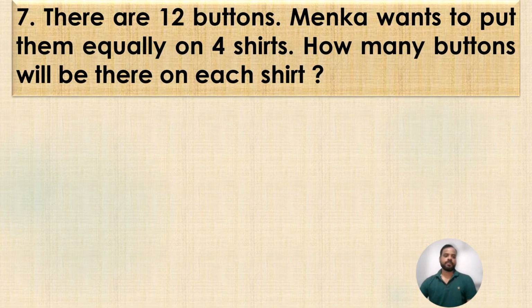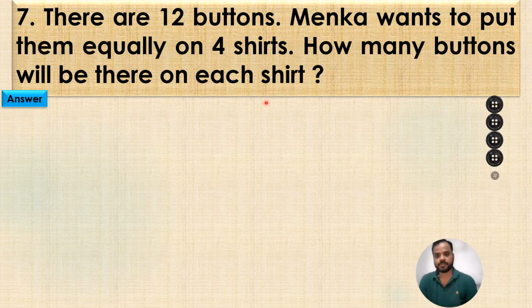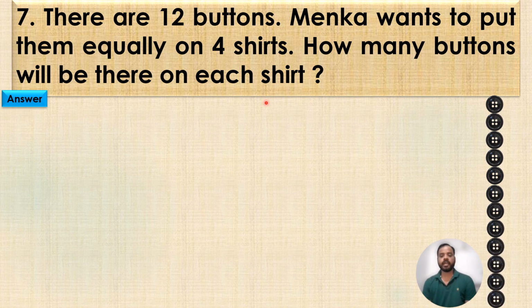Next question. It is given that there are 12 buttons. Menka wants to put them equally on 4 shirts. How many buttons will be there on each shirt? So there are 12 buttons.